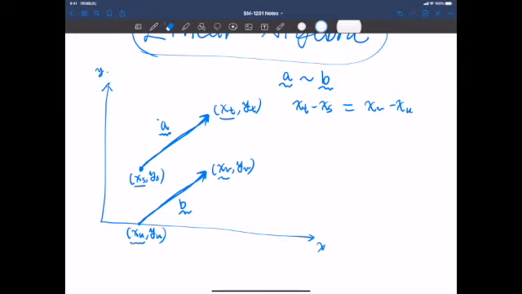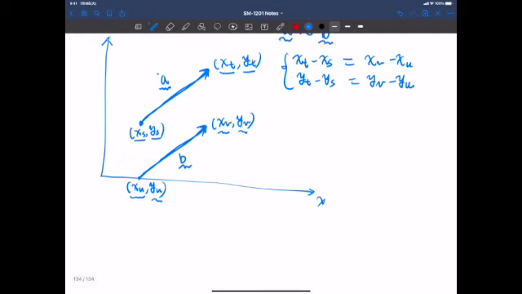And also this minus this, so yt minus ys is equal to this minus this, so yv minus yu. So if these equalities hold, then we say two arrows are related. Okay? Then we show that this relation is an equivalence relation.